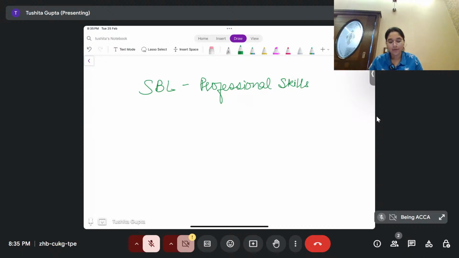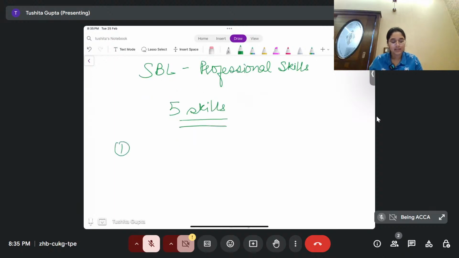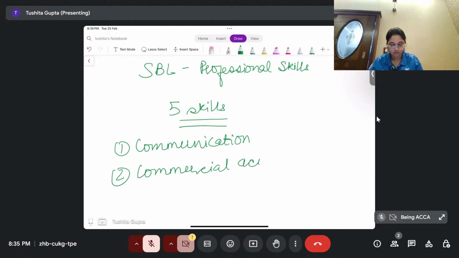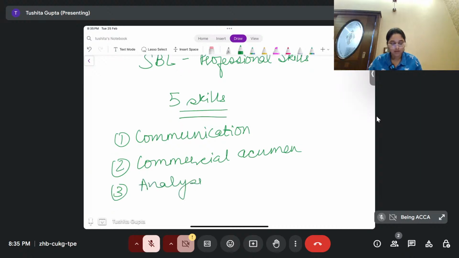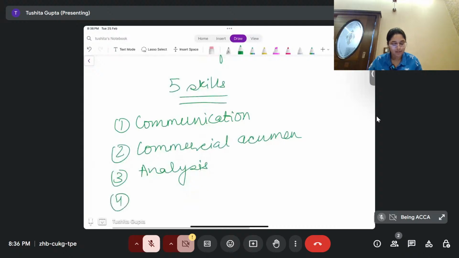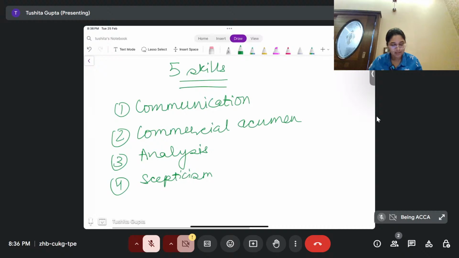Now you all know that there are primarily 5 skills which are part of our professional marks in SBL. The number 1 skill is communication, the second skill is commercial acumen, the name of the third skill is analysis, the fourth skill is skepticism, and last but not the least, you have evaluation.